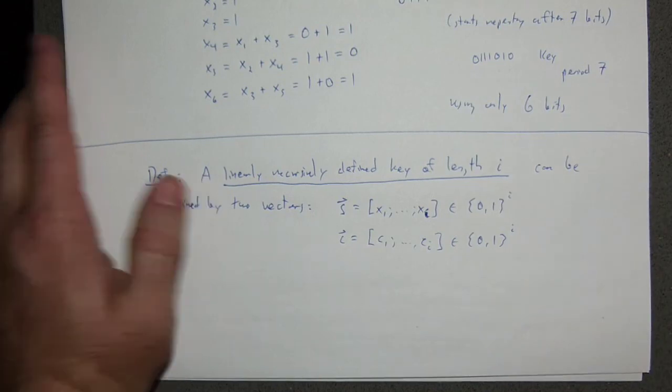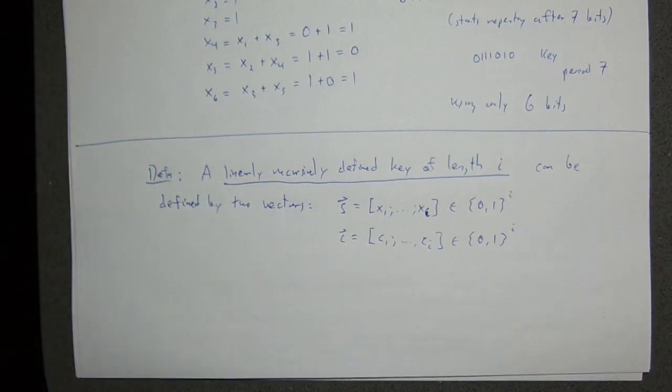So they are comprised entirely of zeros and ones, and there's I entries in each of them.